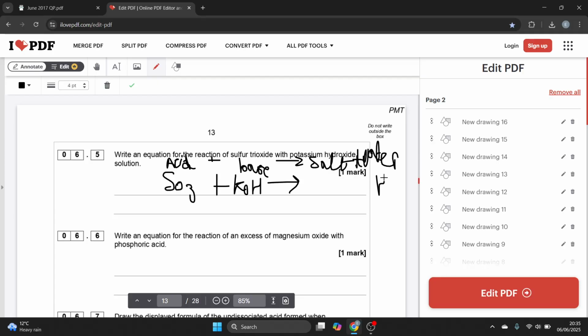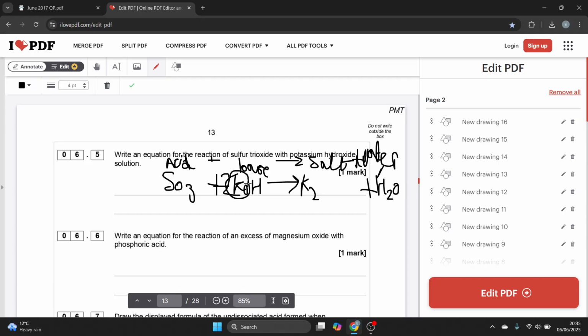Obviously, you know this from GCSE. So I know I'm going to form H2O. So what's my salt going to be? Well, it's going to be K something. Now you have to think logically. I've already got a water molecule here, so I need 2 hydrogens, so I need a 2 here. And because I have to have a 2 here, then it's got to be K2.